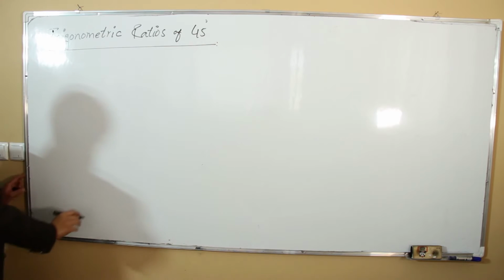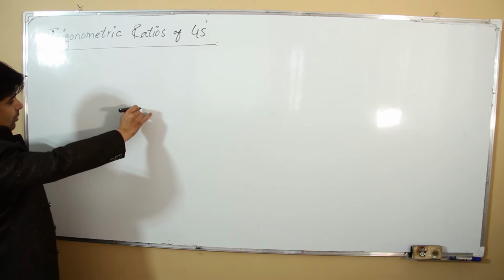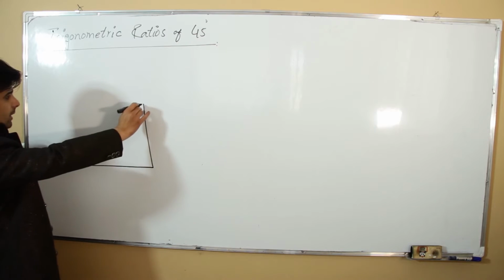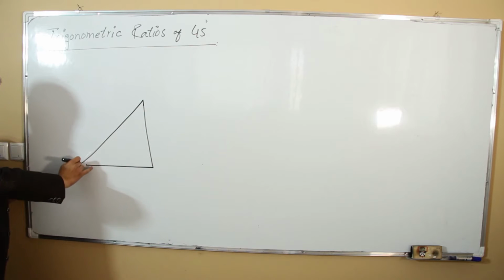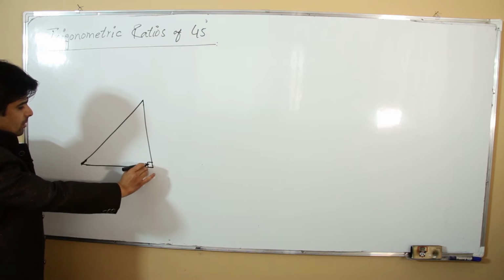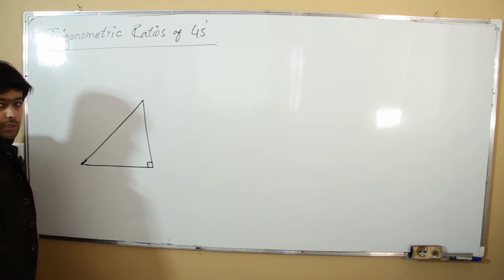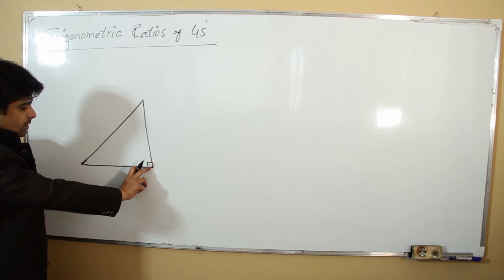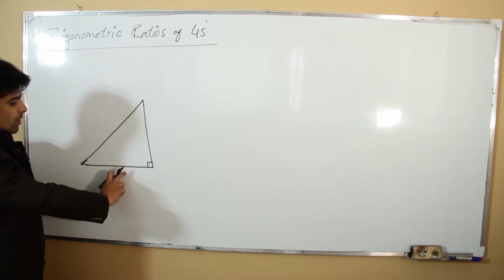In order to find the trigonometric ratios of 45 degree, first you have to pick up a triangle which is a right triangle. I mean, this angle is 90. Try to pick up a right triangle in which both sides are equal.